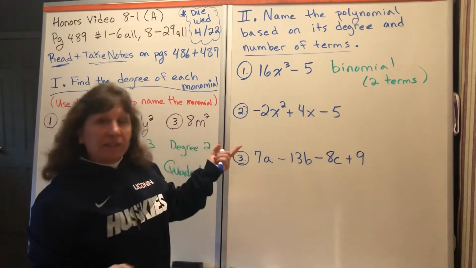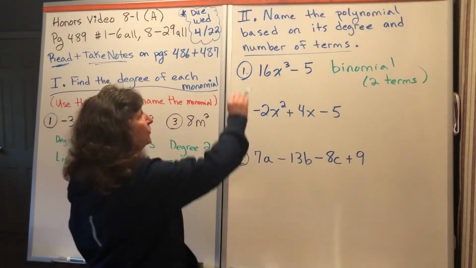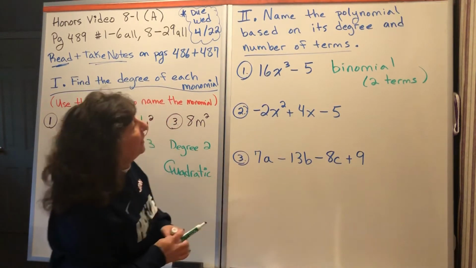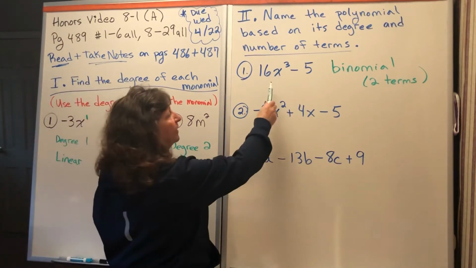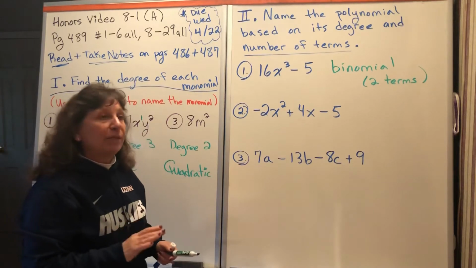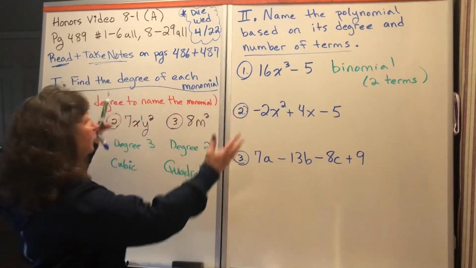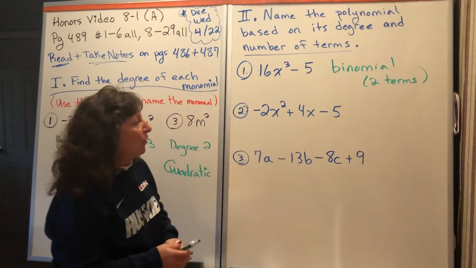And then we look at the degree. First of all, I already mentioned it's in standard form because it goes from highest degree to lowest degree. And we want to come up with its name based on its degree. Poly means many terms, and all of these could technically be polynomials because if they have more than 1 term, we can call it a polynomial.